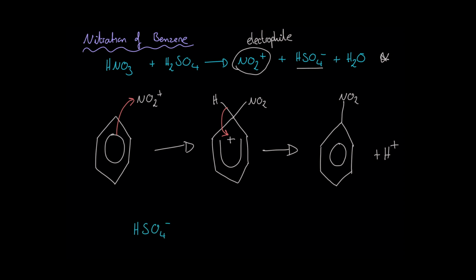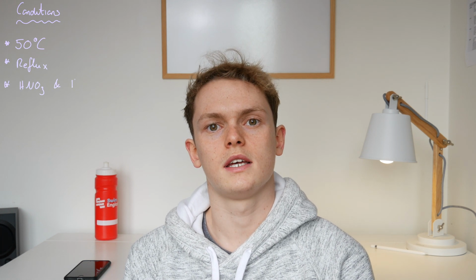All we do is the hydrogen ion, which was expelled from the benzene during the substitution, reacts with the HSO4-, which regenerates our sulfuric acid catalyst. There are a few conditions you need to know if you're carrying it out practically. It needs to be carried out at 50 degrees C and under reflux, and both the nitric acid and the sulfuric acid need to be concentrated.